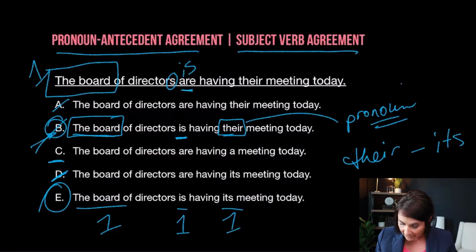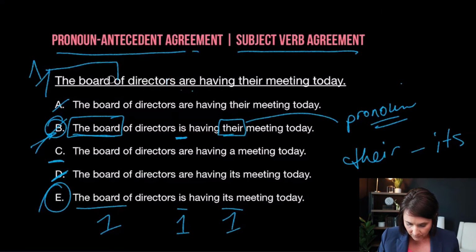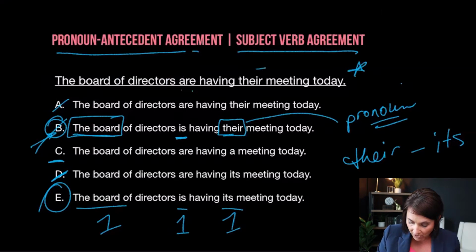Here's a trick. Let's go back to this original here. When you get into a question like this, and you see the word there, slow down and locate your subject. They are testing your pronoun antecedent agreement, most likely.